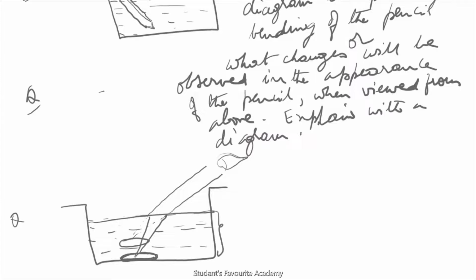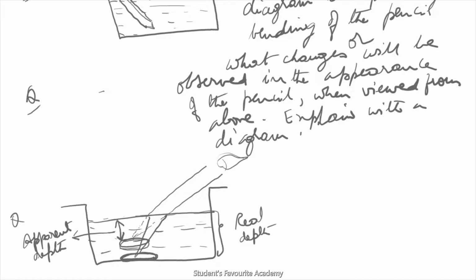Actually, the real depth of the vessel or real depth of water is this, whereas the apparent depth is what you feel as the depth of the vessel, because you are able to see the coin somewhere here, because this is where they are meeting. Okay, so this is the apparent depth.